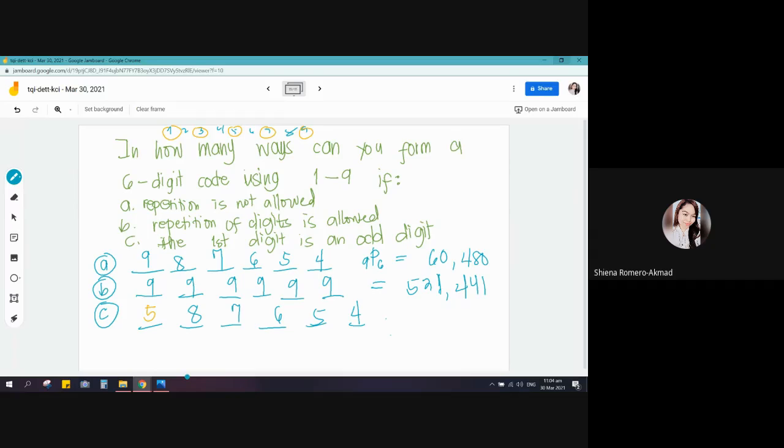Pwede rin natin siya isulat in permutation, pero okay na yan. Mas madadalian kayo ng ganyan. What is 5 times 8 times 7 times 6 times 5 times 4? That is 33,600.